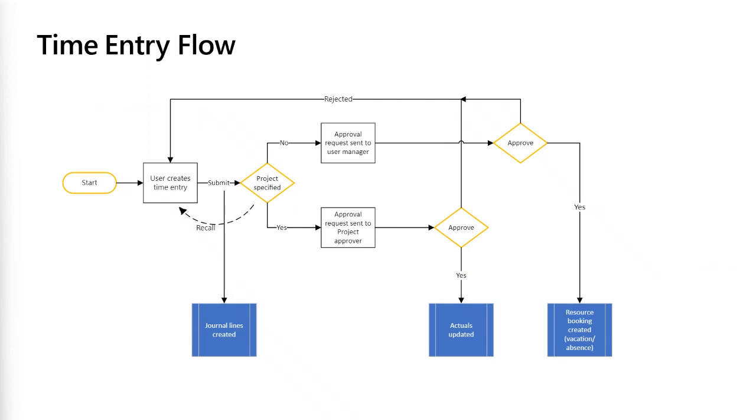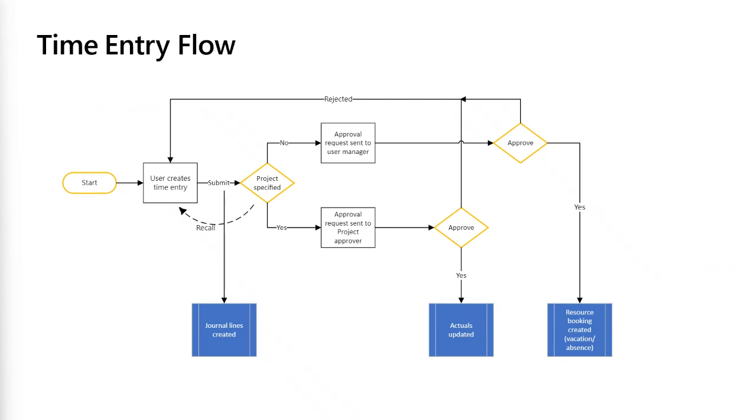The user also has an option to recall the time entries, and the recall is possible until the time entry is invoiced. So the end user still has an option to recall timesheets even after they're approved. If it's approved, then it needs to go through a recall approval process, and depending upon whether it's approved or rejected, the user will be able to edit their timesheets.